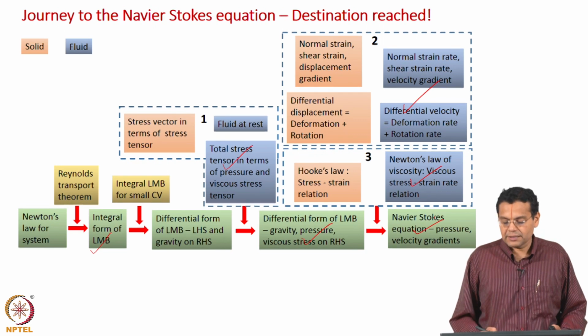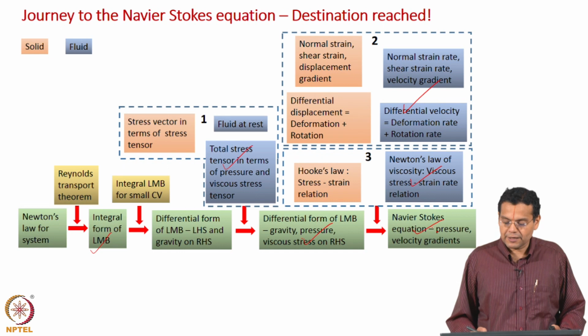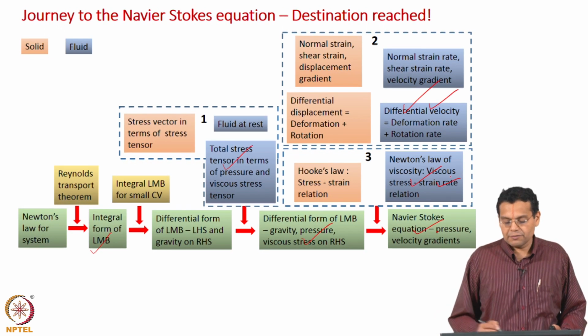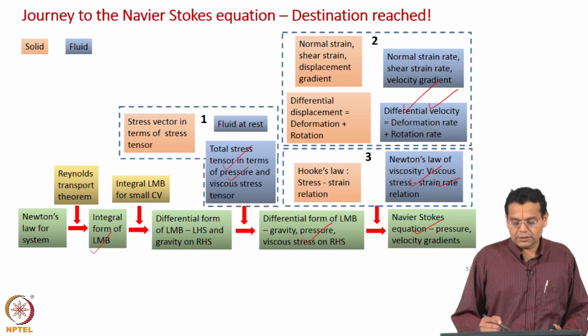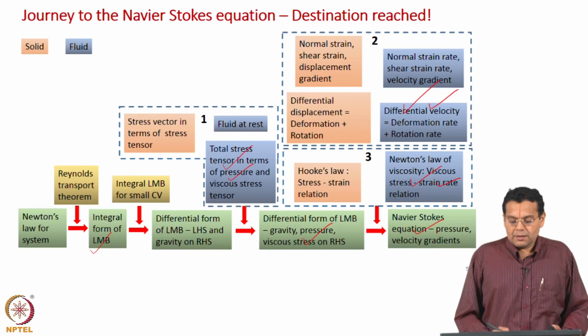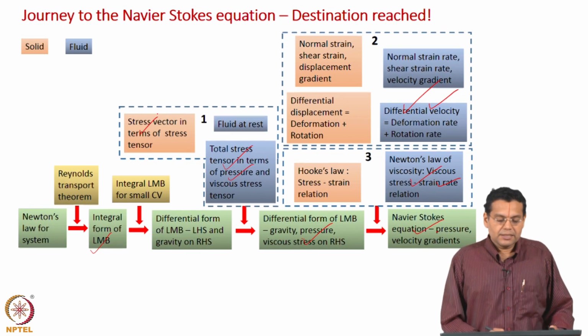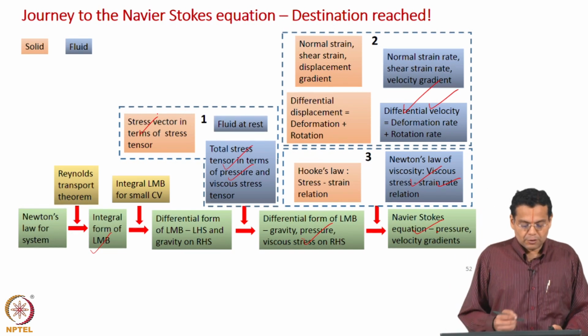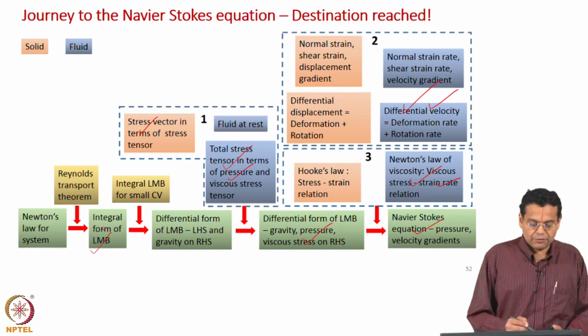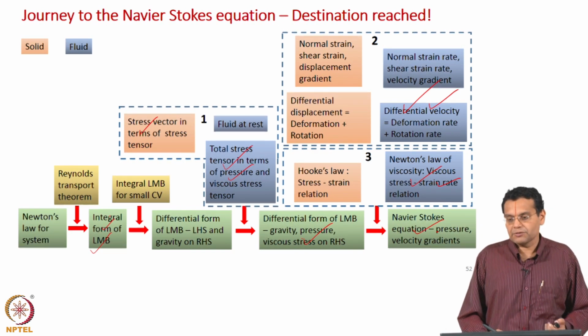Now, completely reverse direction now, solve the Navier-Stokes, got the velocity profile, evaluated the strain rate, used Newton's law of viscosity, found out the stress tensor components, found out the stress vector, also found out the shear force acting on the plates, also used the integral form to find out the total shear force acting on the plates.